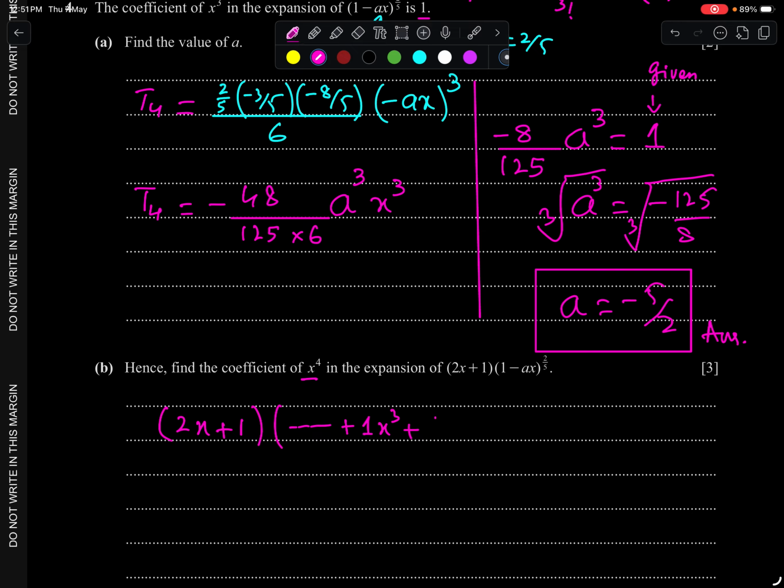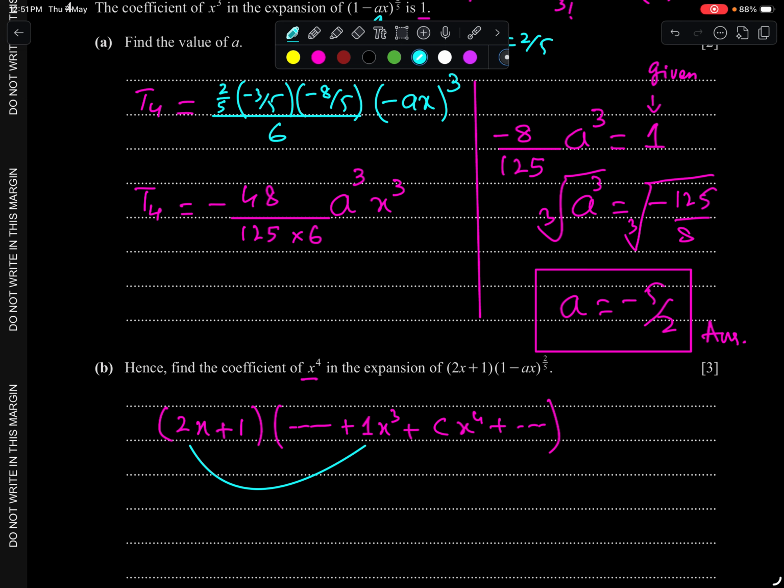Let's suppose the coefficient of x power 4 is c. In this expansion, I need two coefficients: the coefficient of x cube, which is already given, and the coefficient of x power 4. Why? See the logic.